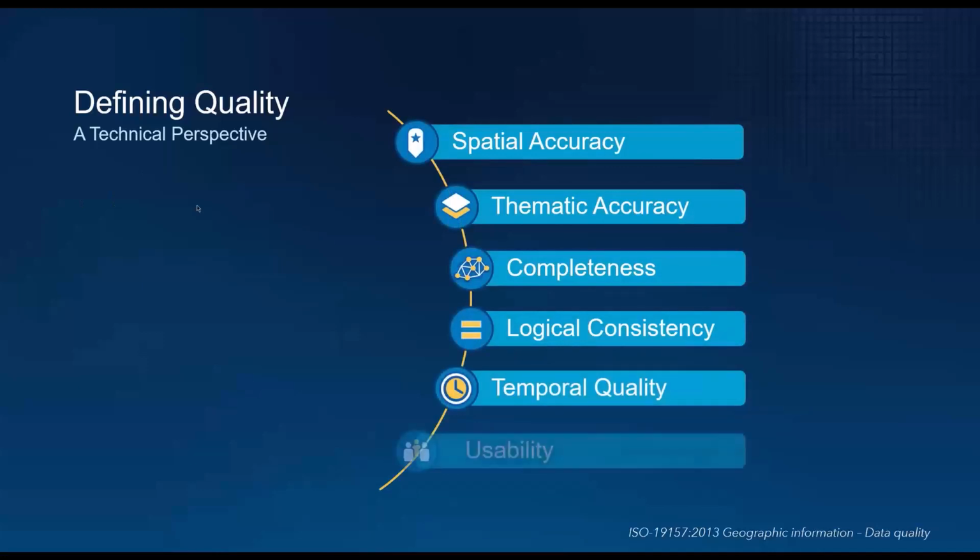As defined by the International Organization for Standardization, or ISO, GIS data has lots of different components to its quality. For example, spatial or positional accuracy is a measure of a feature's location in relation to its true position on the Earth. Data completeness is defined as the presence or absence of features. Collectively, these different elements provide insight into how well data represents features in the real world.